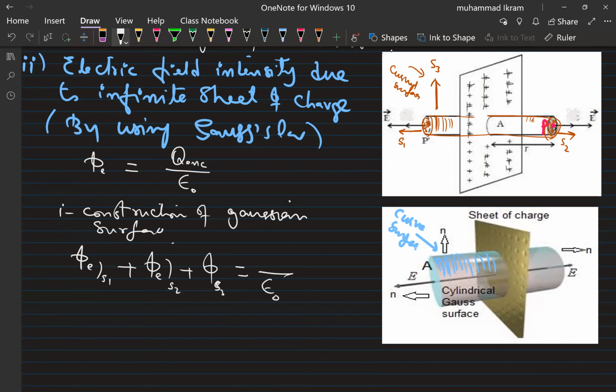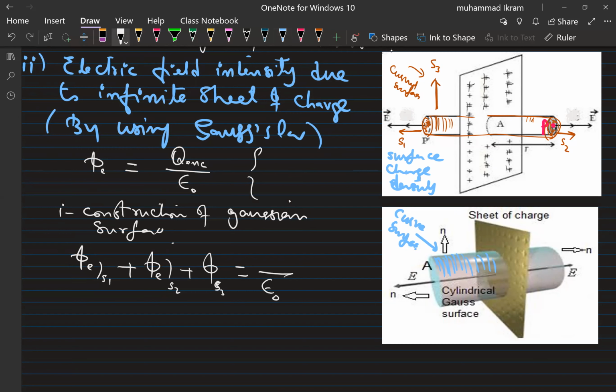Now, what is this charge enclosed? For the charge enclosed, I define a term, surface charge density. And what is that surface charge density?